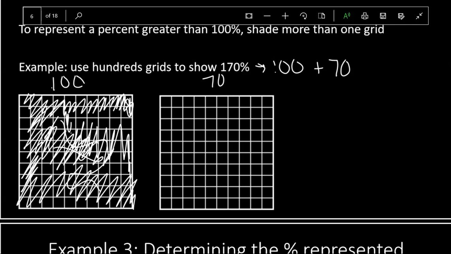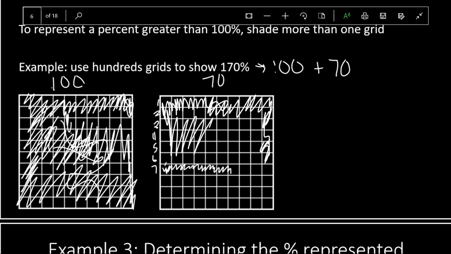So I'm going to start here. I'm just going to count down 1, 2, 3, 4, 5, 6, 7. So all of those need to be shaded in. I'm going to do this somewhat quickly. Now I can just be lazy and shade everything else in. Shade in the middle.